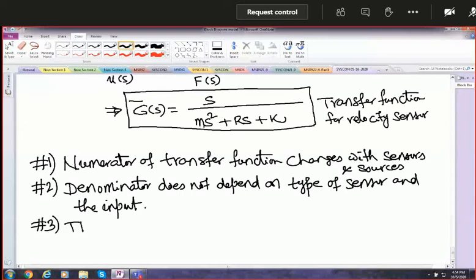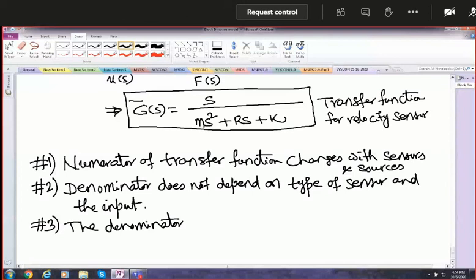The denominator decides the stability of the system. How it decides, I will tell you afterwards. So I will formally write the transfer function in another form: D(s) equal to N(s) by D(s).